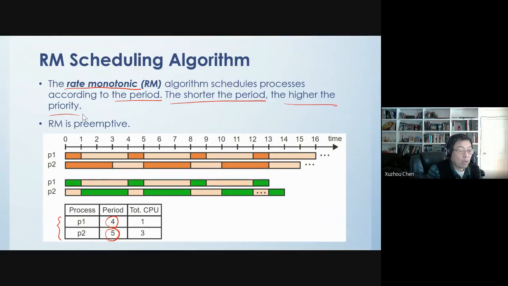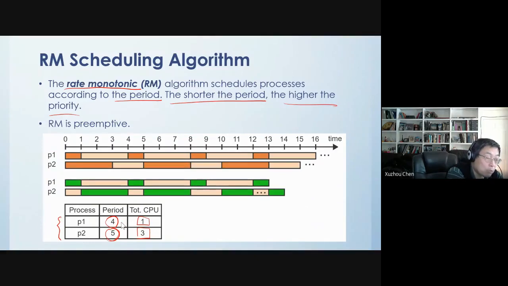If one process has period 4 and the other has period 10, the second process is saying, don't worry, as long as you complete me within 10 time units, it's fine. But the period of 4 means you have to complete me within 4 time units. We are also given the total CPU burst for each process.